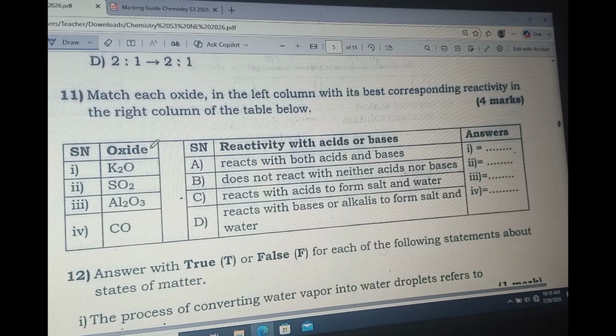No. Does a basic oxide react with acid to form salt and water? Yes. 1 matches C. 2, sulfur dioxide is an acidic oxide. It matches D, reacts with base or alkalis to form salt and water.